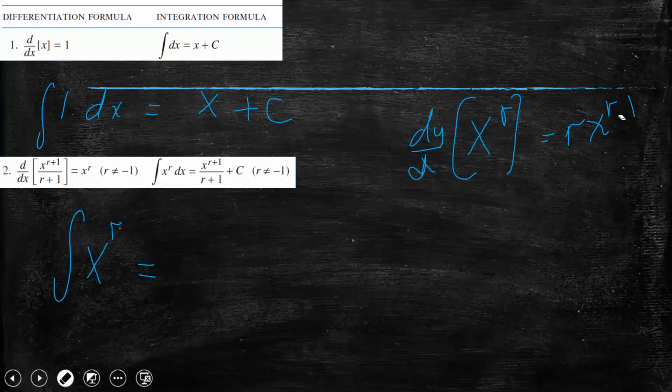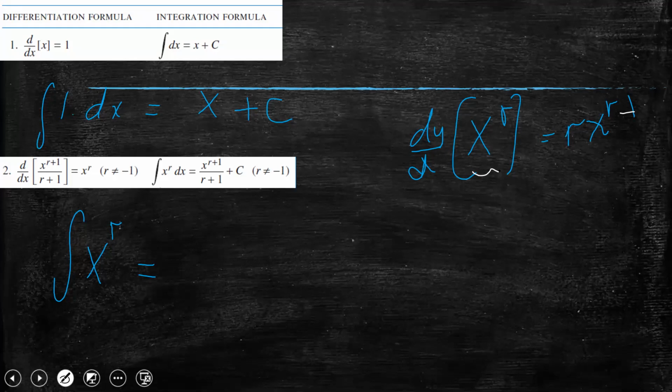It is r x to the power r minus 1. So in differentiation, I count back the exponents. If it is cubic, it will be squared. If it is squared, it will be to the power 1.